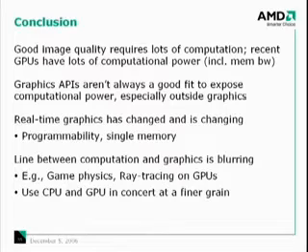Real-time graphics has changed, and it's going to continue to change. The big changes have been programmability and single memory, but I think the changes starting to come are that the line between computation and graphics is blurring. I showed you that toy shop demo. Some of what it was doing was in a sense pure computation, but the result was graphical.